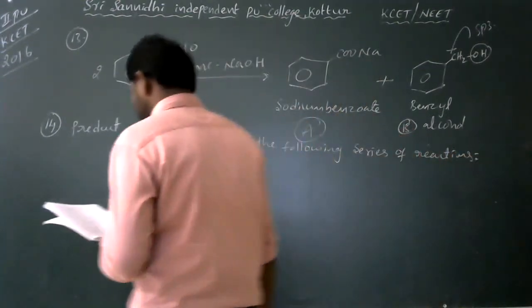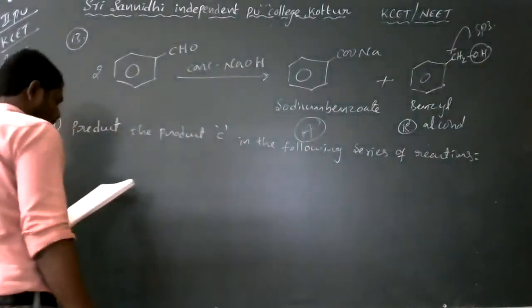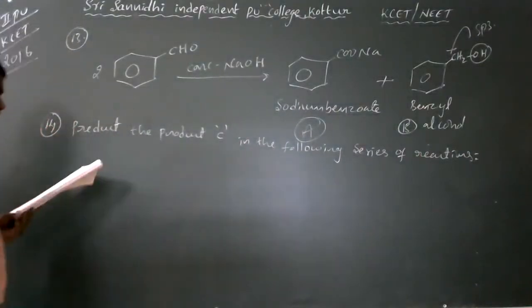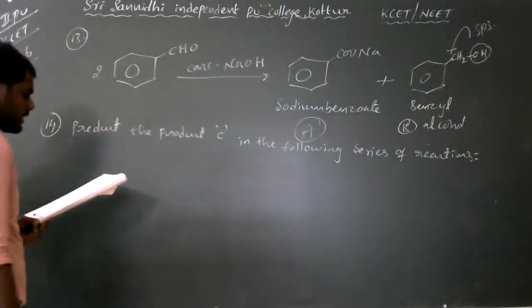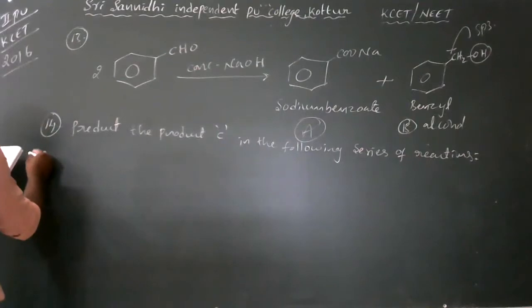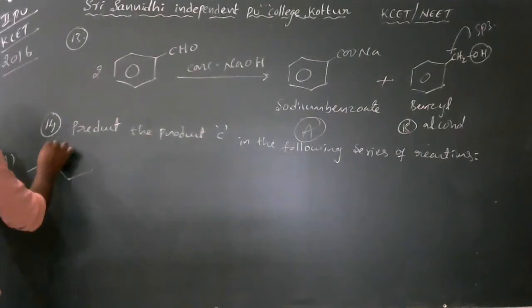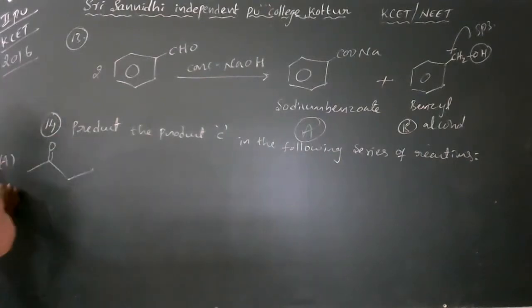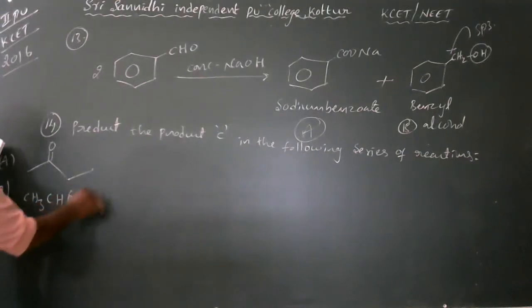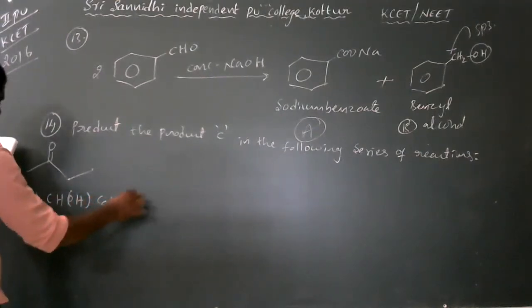Right. So predict the product C in the following series of reactions. Option A is butan-2-one. Option B is CH3CHOHC6H5.